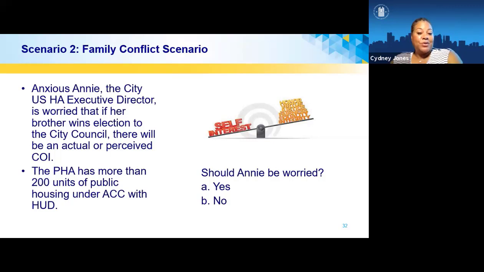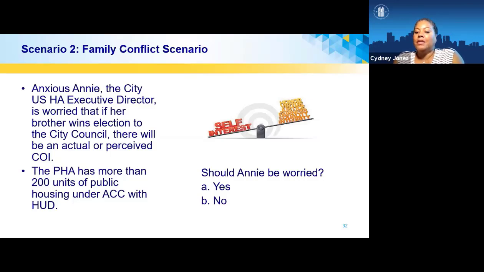Yeah, and before we go to ethics, let's take a look at scenario 2, the family conflict scenario. As Margaret mentioned, we're going to put some of this teaching to work. So we've got Anxious Annie, the city housing authority director, who is worried that if her brother wins the election to the city council, there will be an actual or perceived conflict of interest, or COI as we refer to it.